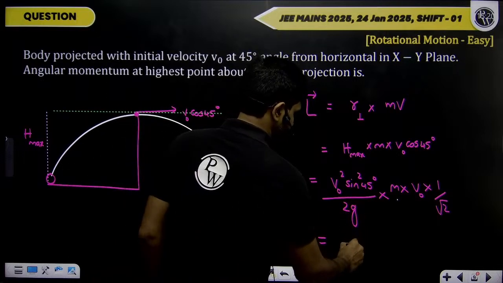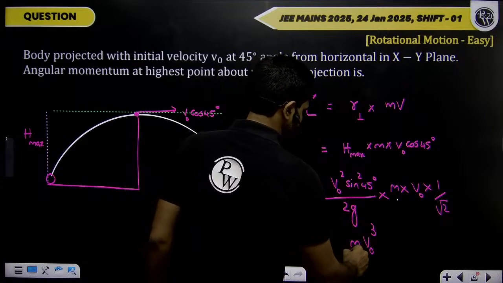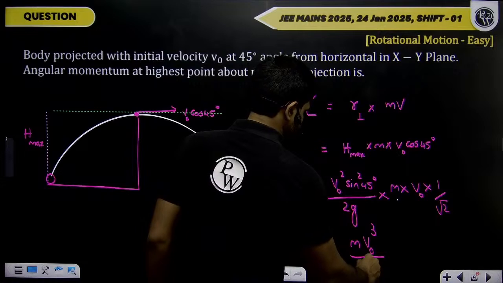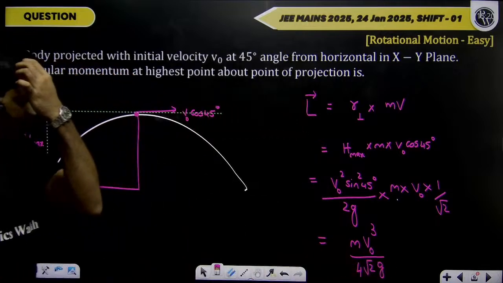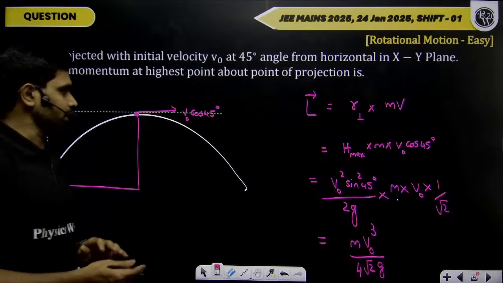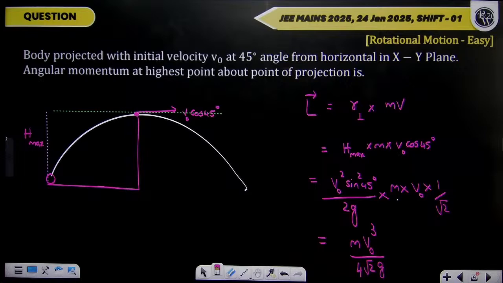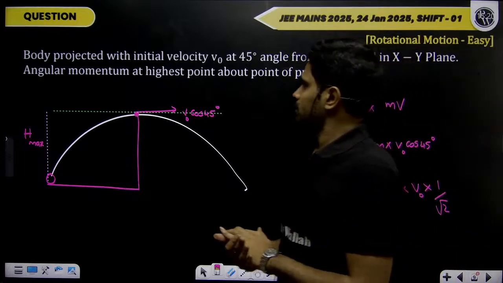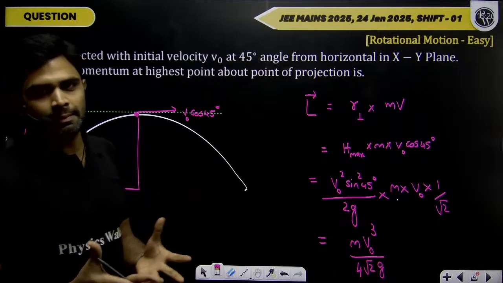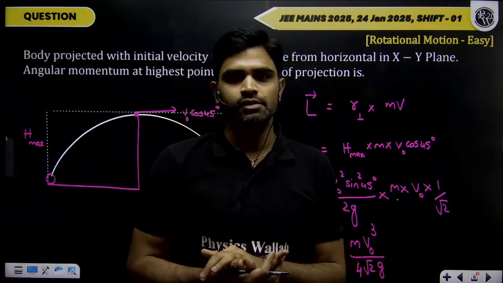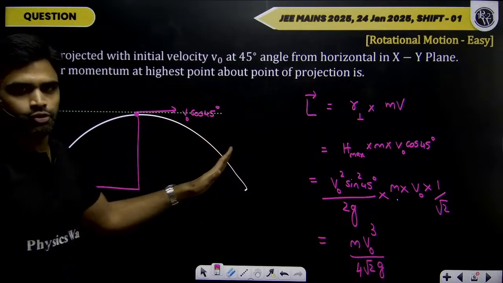What are we getting? m v naught cube by 4 root 2. Yeah, 1 by 2 into 1 by root 2 gives 4 root 2. So the options are not there. As this is a memory based discussion, we don't have the complete question, but this is the approach.